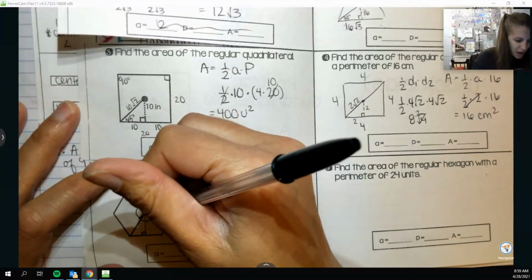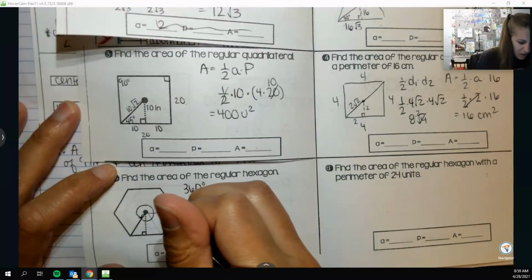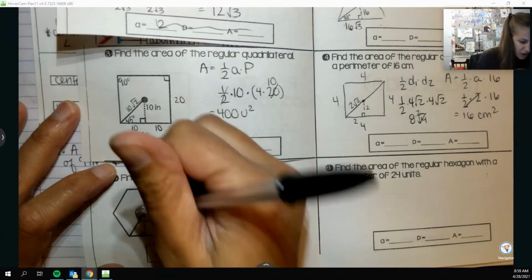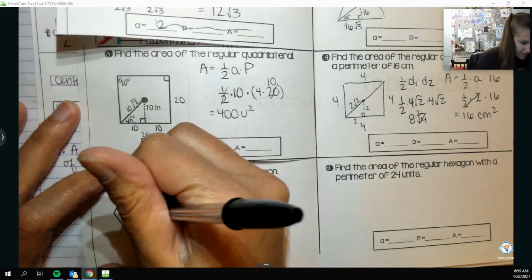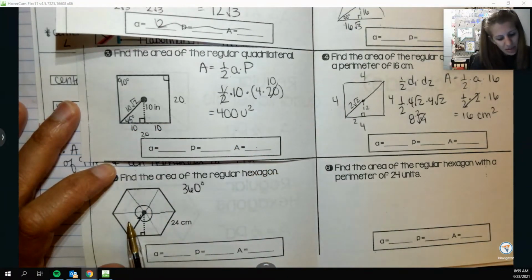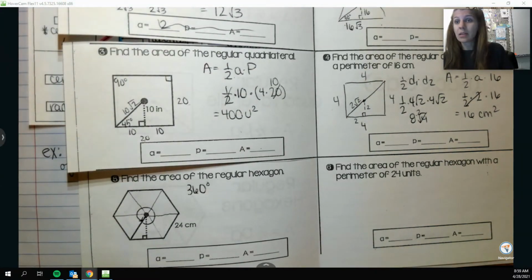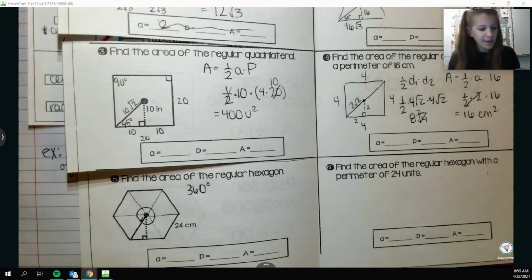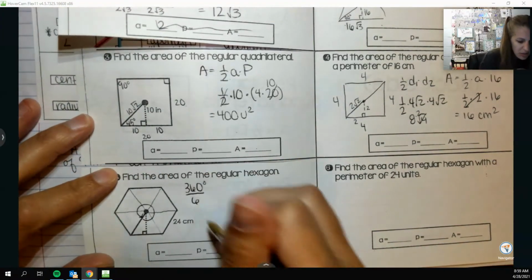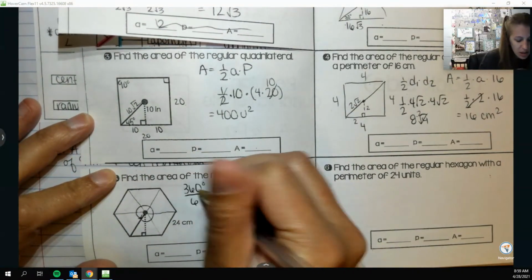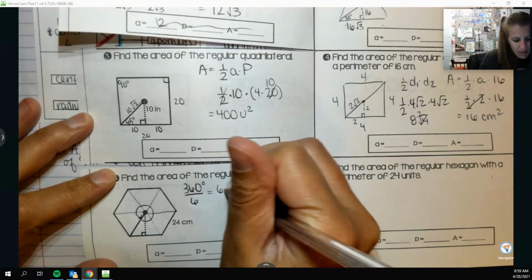If I draw radii coming out to each angle of my hexagon, that splits this into 6 equal triangles, which will also happen in a heptagon. It would divide it into 7 equal, because a heptagon is 7, or an octagon would be 8. So I would divide this equally between the 6. 6 goes into 36 6 times, so 60 degrees.